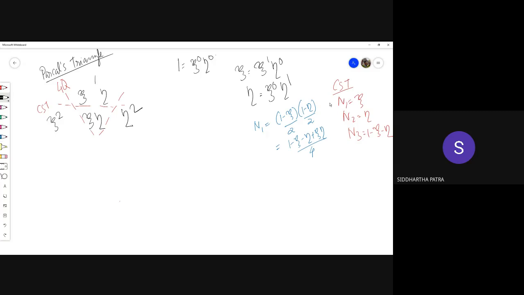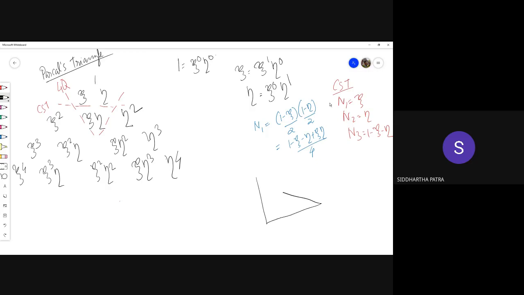Now let's move on to higher order terms. If I want to construct a higher order triangular element, I should take these three vertices and then consider mid-side nodes, which I can mark as 4, 5, and 6.